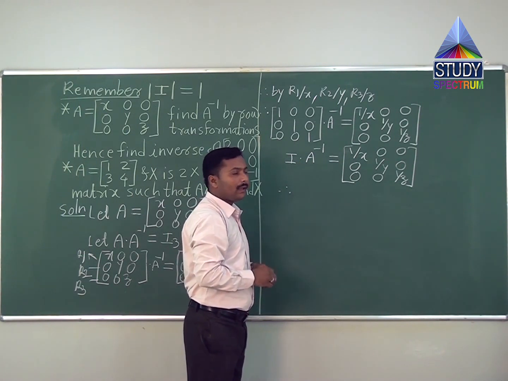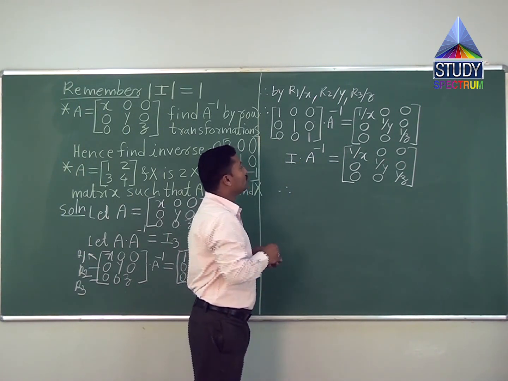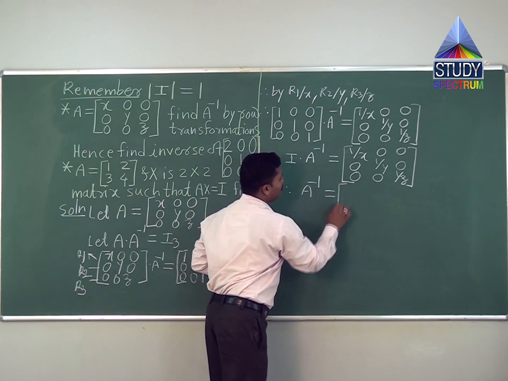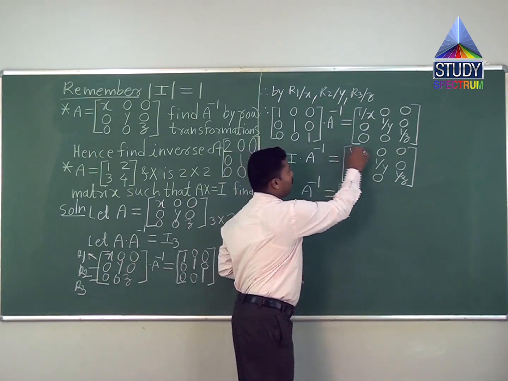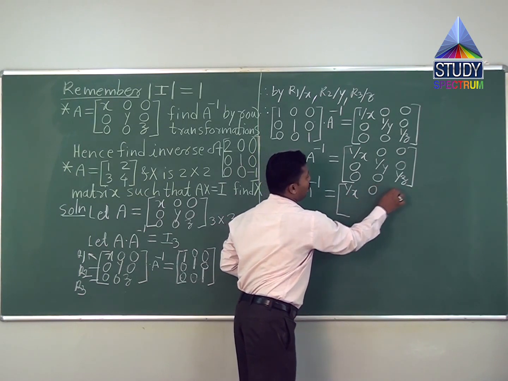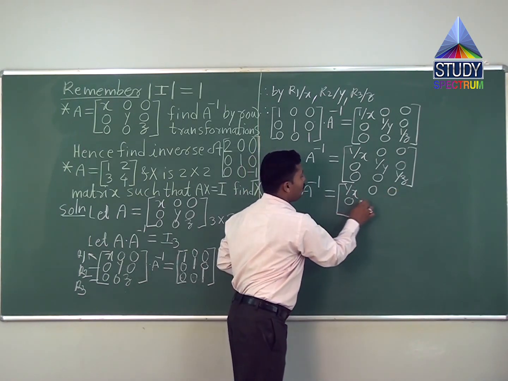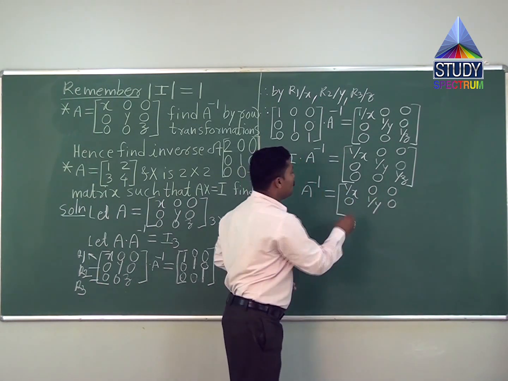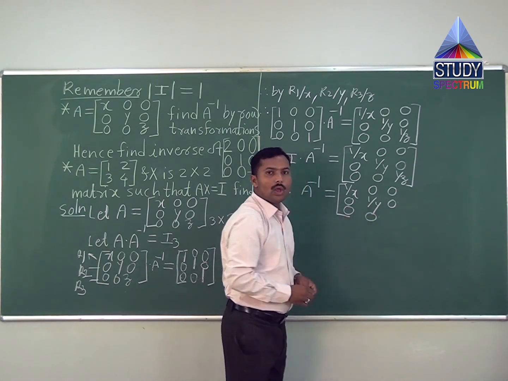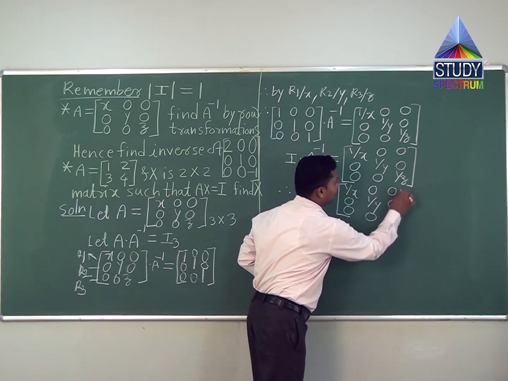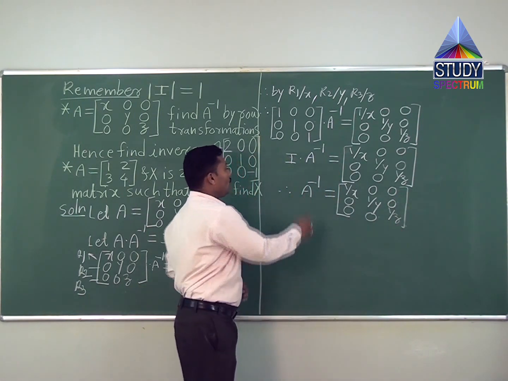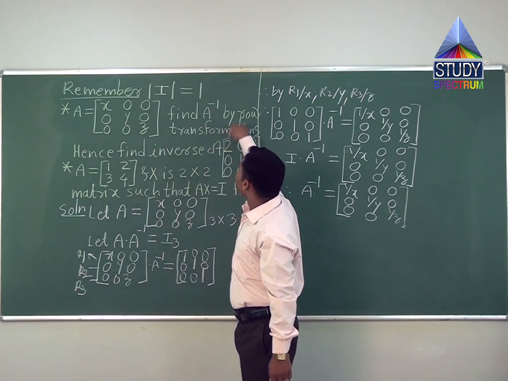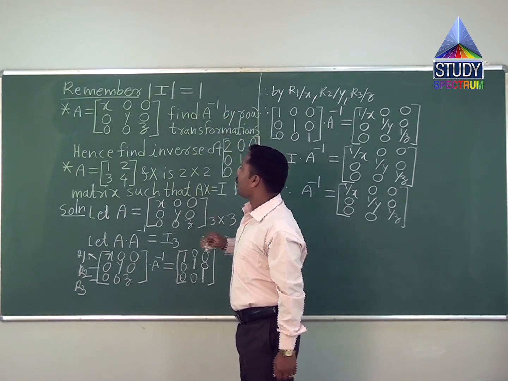I means identity, and identity means take 1, so 1 into A inverse, again A inverse equal to: first row as it is, second row 0, 1 upon y and 0, and third row 0, 0, 1 upon z. So in this manner we find the A inverse of this diagonal matrix by row transformations.